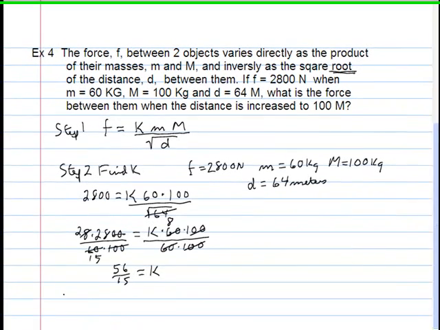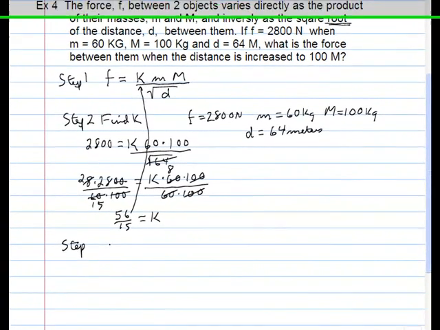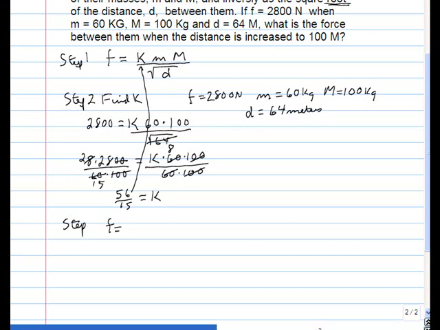So now step 3, I'm going to write my math model. Now the math model is step 1 exactly. The only difference between the math model and step 1 is that 56 over 15 is going to go in for K. So I'm going to write my math model this way.